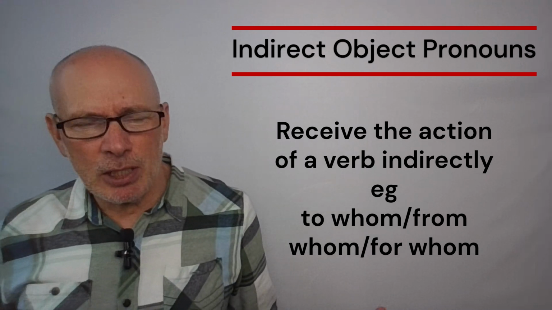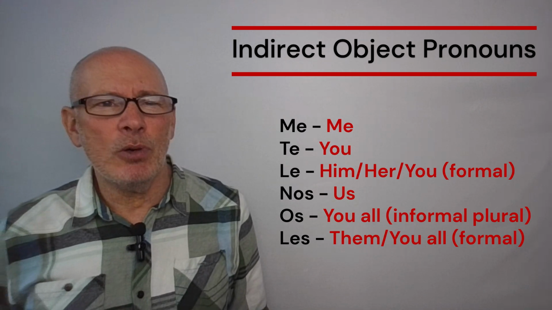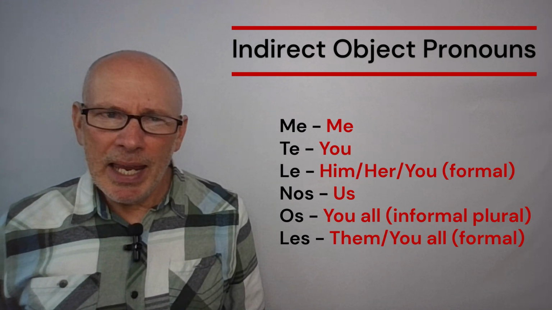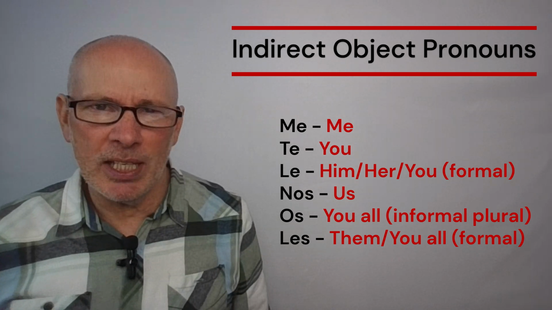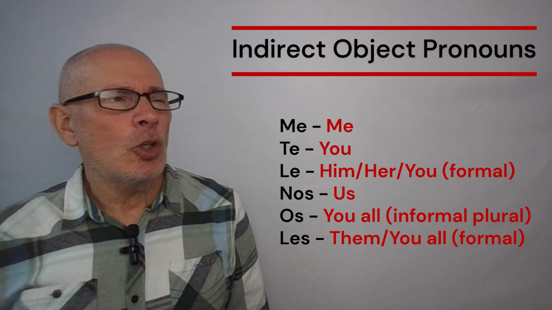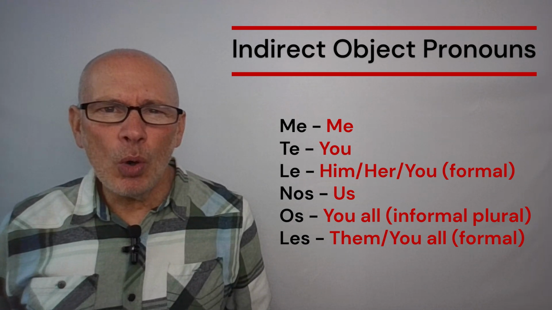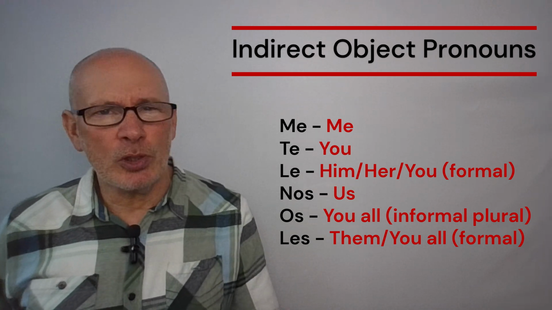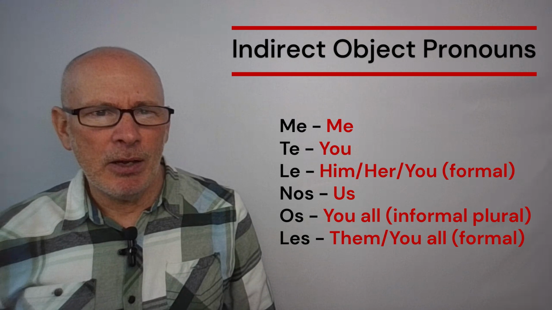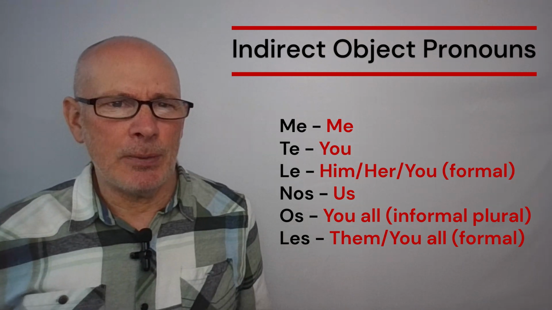So here for the indirect object pronouns, we have me for me, te for you, le for him, her, or you in the formal sense, usted, nos for us, os for you all in the informal plural sense, related to vosotros and vosotras, and les for them or you all in the ustedes sense.